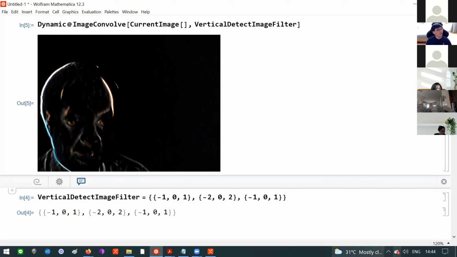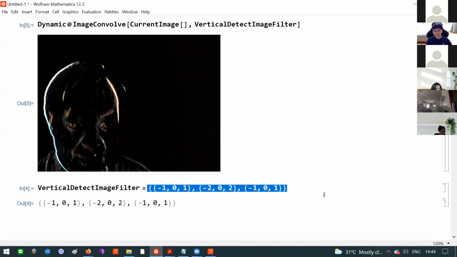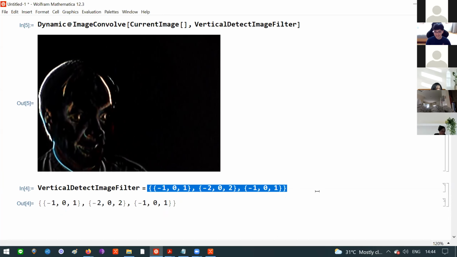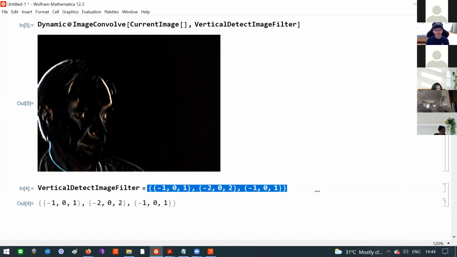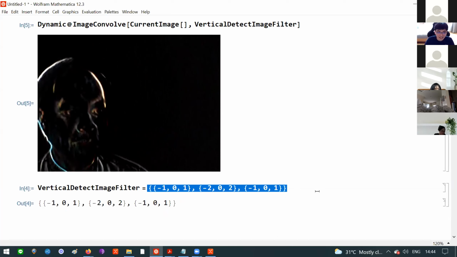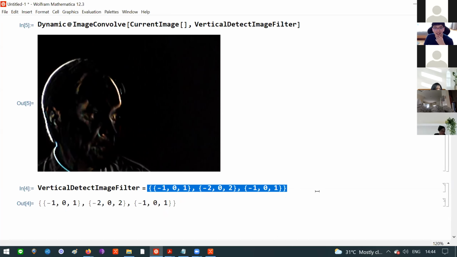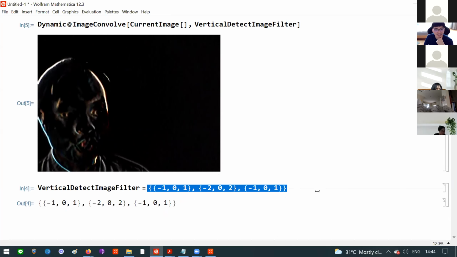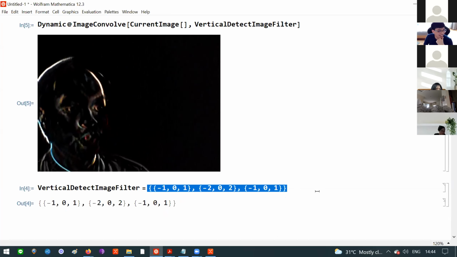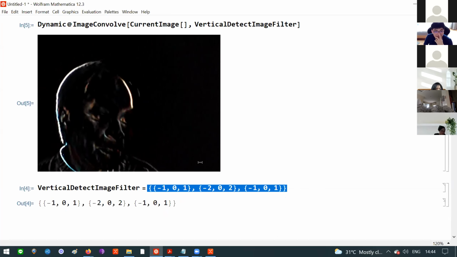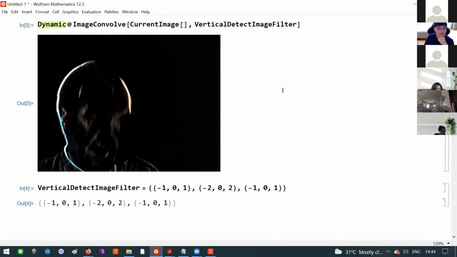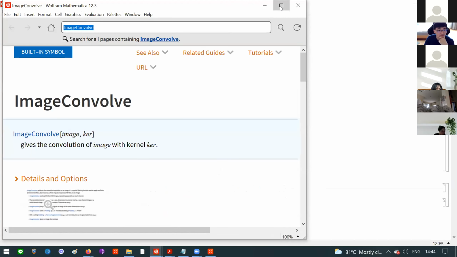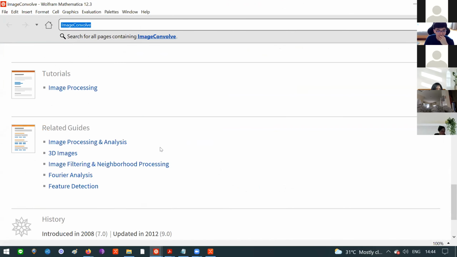Now, based on this image filter, you can do anything. That's the state of the art when I was a student. The state of the art was you choose an image filter to detect things. If you go to F1, there'll be other examples to play with, all kinds of filters.